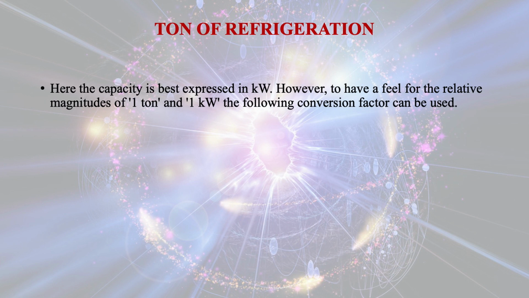However, to have a feel for the relative magnitude of 1 ton and 1 kilowatt, the following conversion factor can be used. 1 ton is equal to 200 BTU per minute, equal to 3.5 kilowatt. So we can say that 1 ton is equivalent to 3.5 kilowatt of cooling effect. Now capacity of refrigerator in SI system of unit.